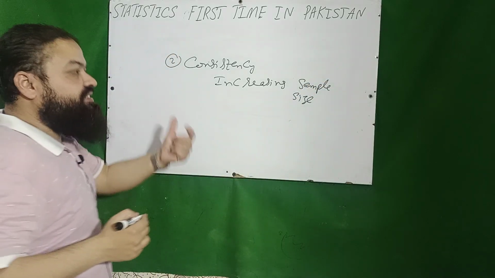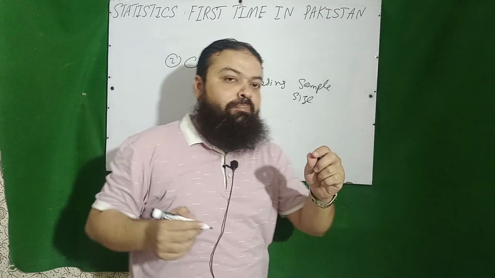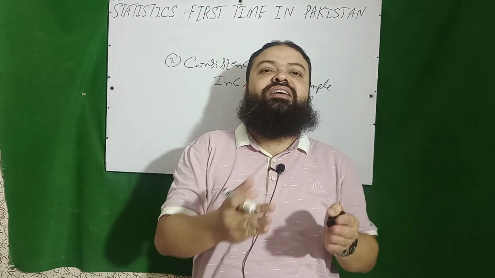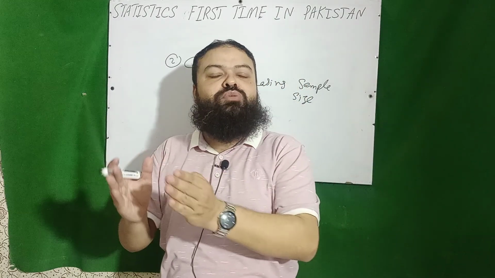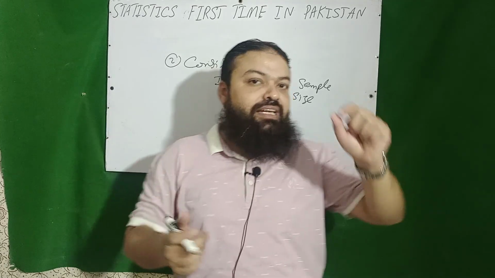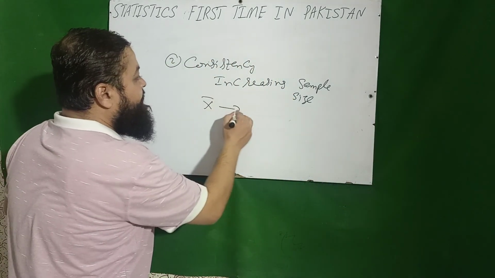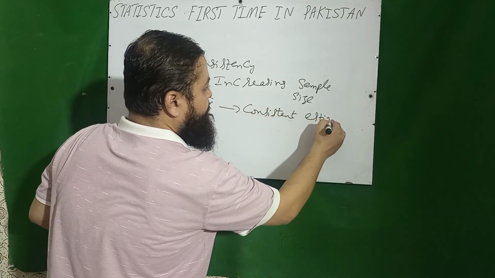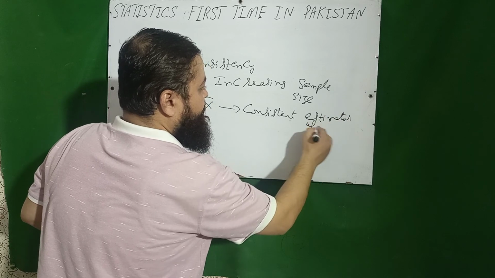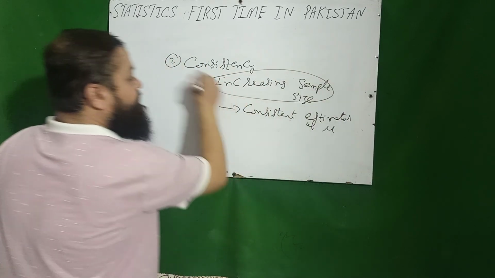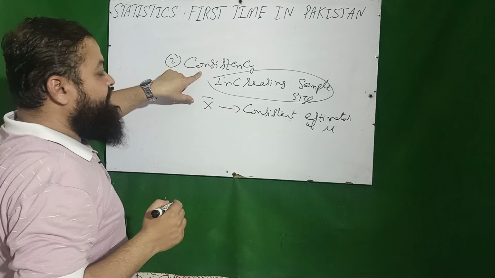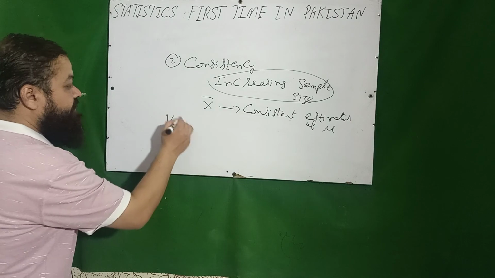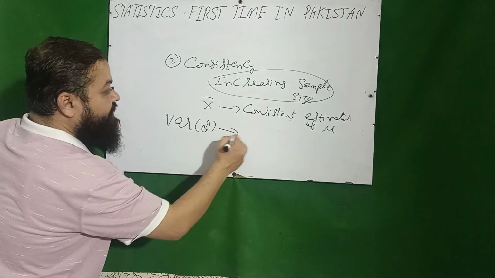Whenever we increase the sample size and the variation becomes closer and closer to 0, when the estimator, for example x bar, is close to the population parameter mu by increasing the sample size, then we say that x bar is the consistent estimator of mu. This is an important question for every paper. Consistency property is also called property of increasing sample size, and when we increase the sample size, the variation becomes closer and closer to 0.